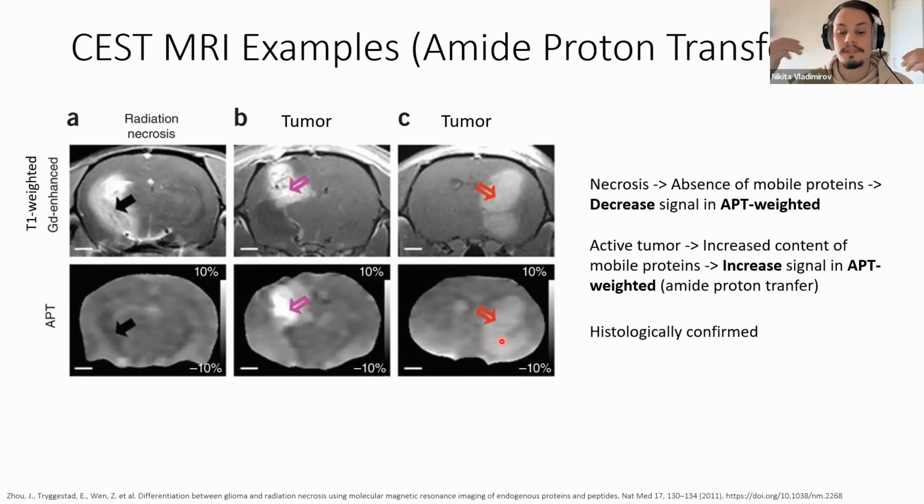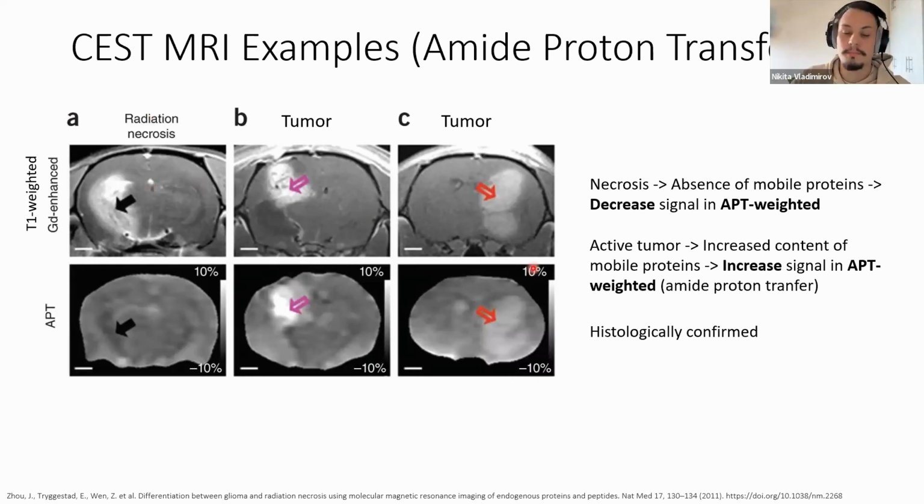This is a mice model, so after that, researchers just took histology of these particular tissues and checked that, yeah, this is actually radiation necrosis. I didn't mention that these were mice models of the tumor. They were treated with radiotherapy. And after that, they found histologically that here is a real necrosis and here are 2 tumors.